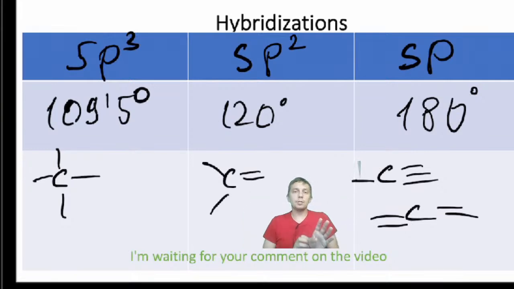For any questions about hybridization in organic chemistry, you must memorize only this table: sp3, sp2, sp, these angles and this structure.